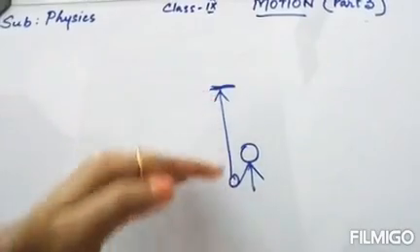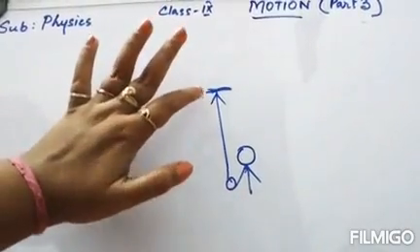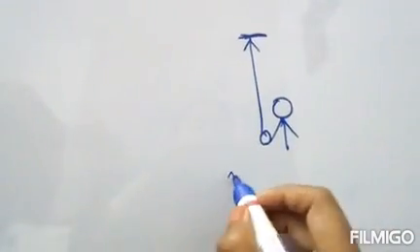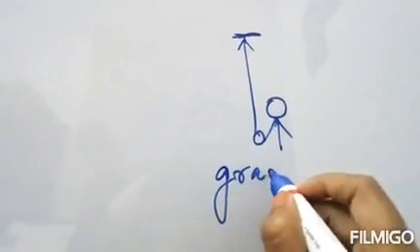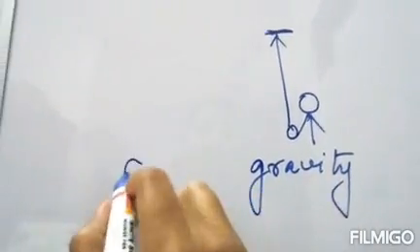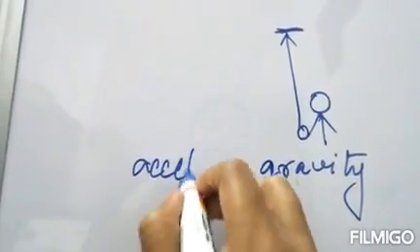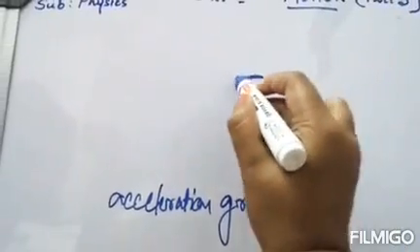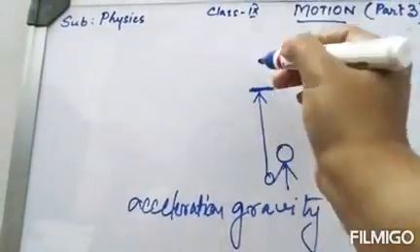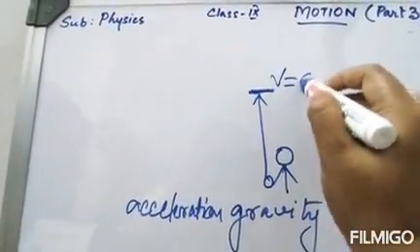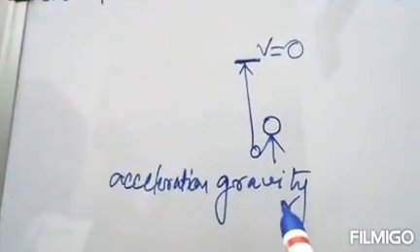As Earth is having a gravitational pull, due to the gravitational pull, or acceleration due to gravity, the velocity is coming to 0. It will go up and then it will come down, but in that case velocity will be 0, but it will have an acceleration.